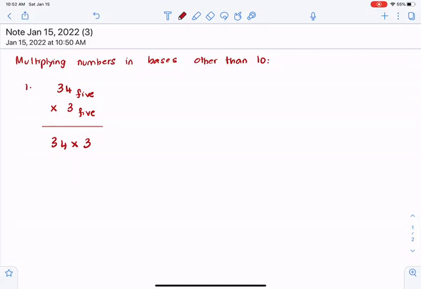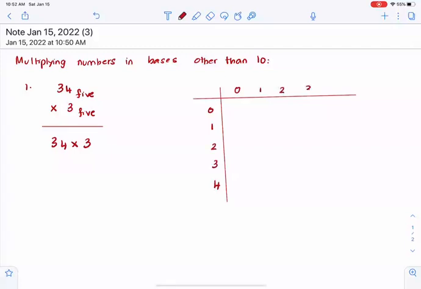So anytime we are multiplying, it is best to create this table. So all of those would be 0. Those would be 0.